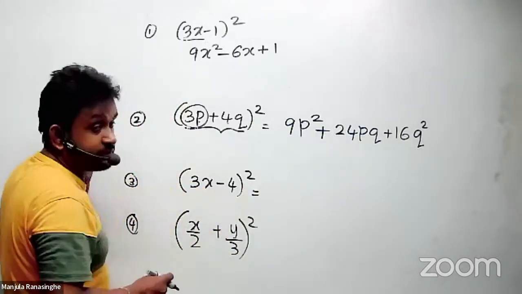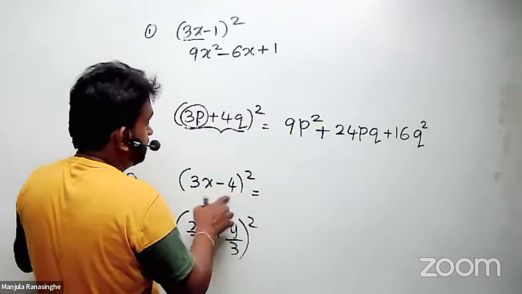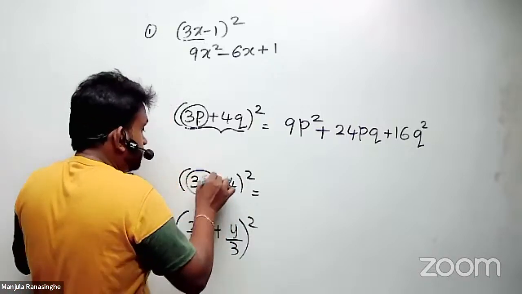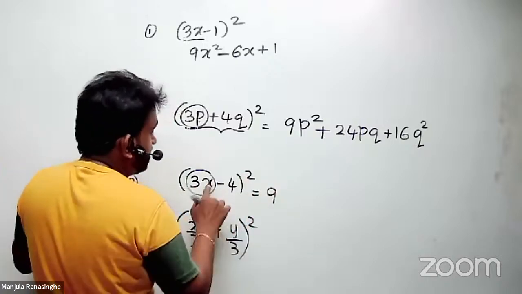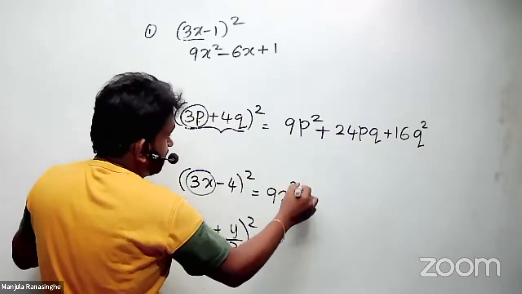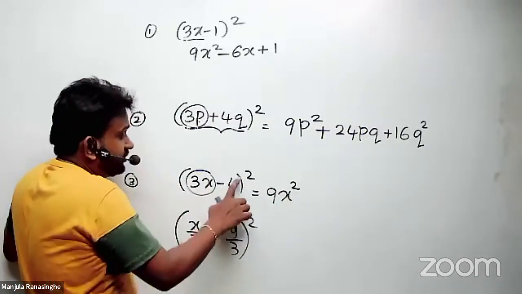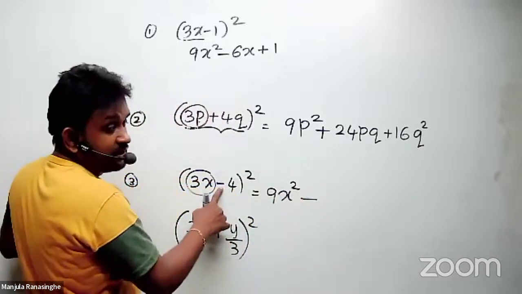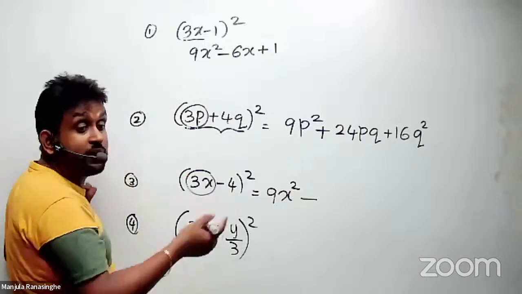So the next question, 3x minus 4 squared. How do we take this? 3x, the first term, is squared, means 3 squared, 9x squared. Here minus is there. Then take the product and twice of it.